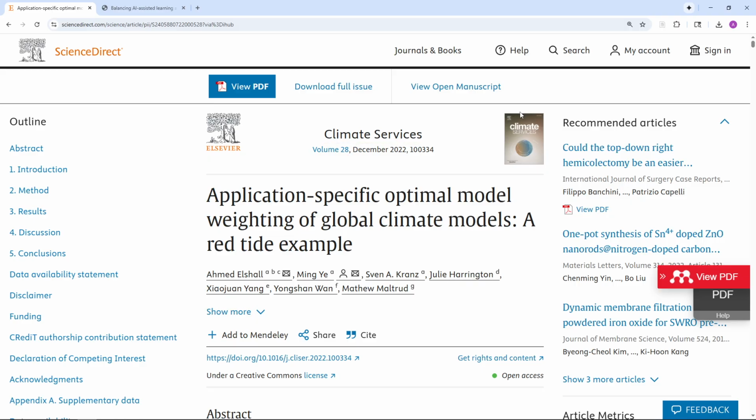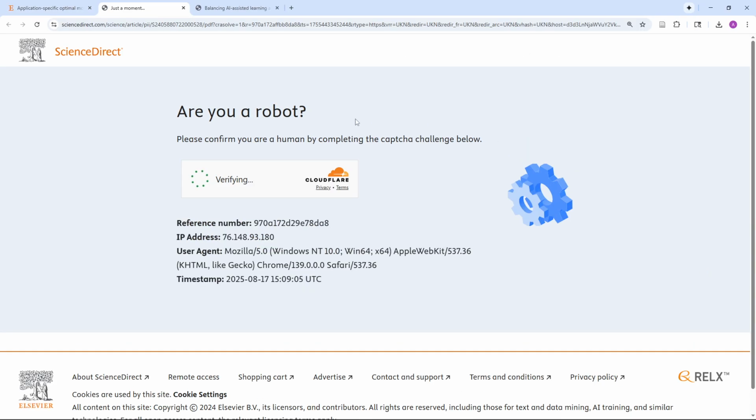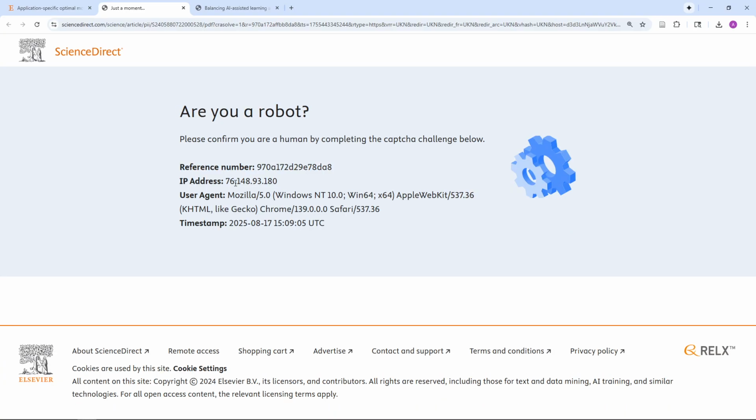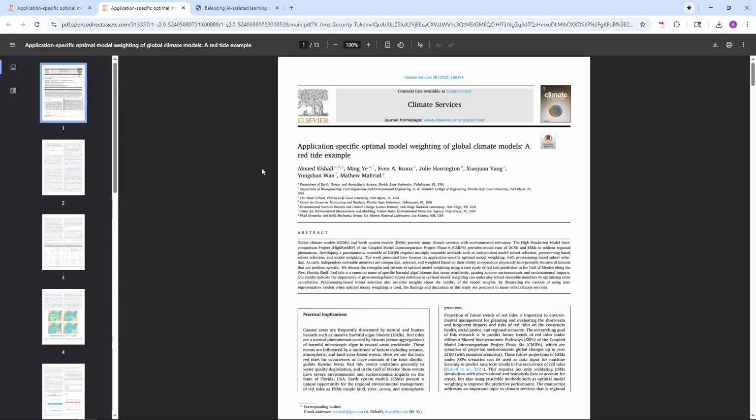So this is the Climate Service audience. That means that this audience already knows Earth system models, so you don't need to talk much about this or describe what an Earth system model is. You can just directly describe these new improvements and how they are now enabling regional application. So let's look at the paper here.